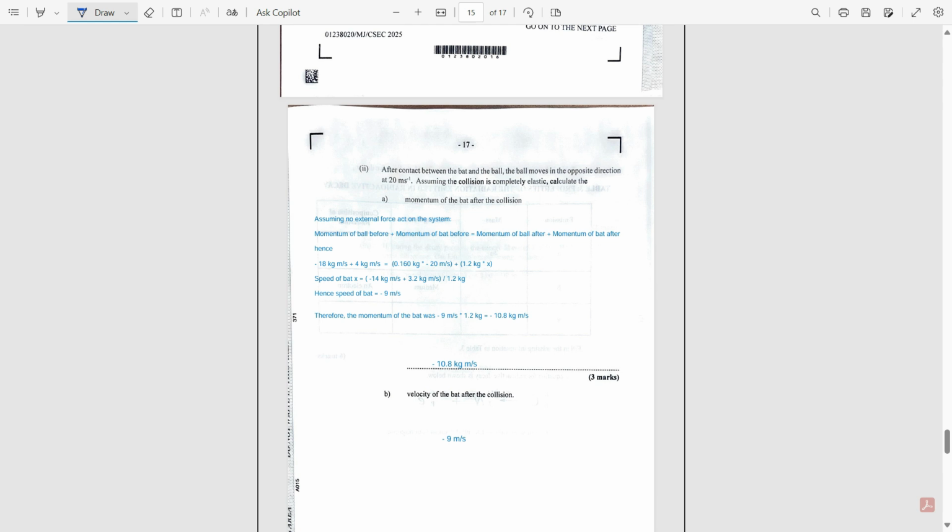And then we're going to divide it by 1.2 kilograms. Hence, the speed of the bat will be negative 9 meters per second. Therefore, the momentum of the bat was negative 9 meters per second times 1.2 to give us negative 10.8 kilogram meters per second. Then you have to work out the velocity of the bat after the collision, which was negative 9 meters per second.